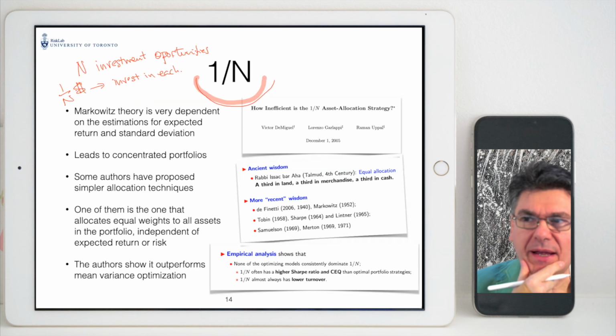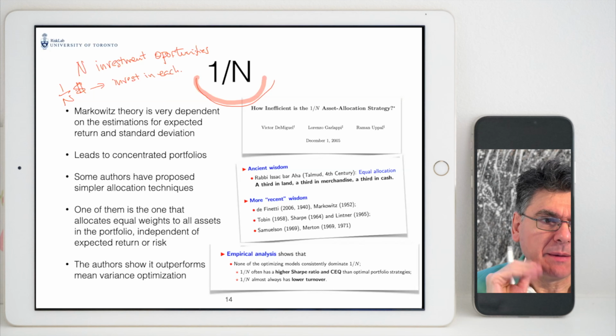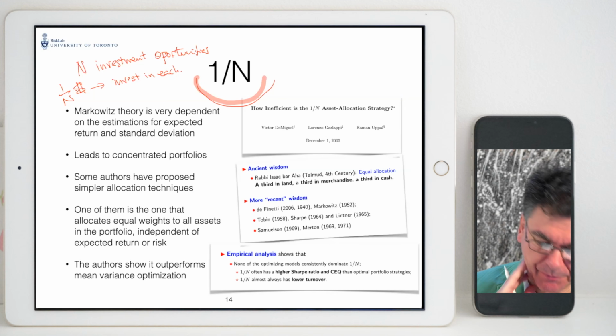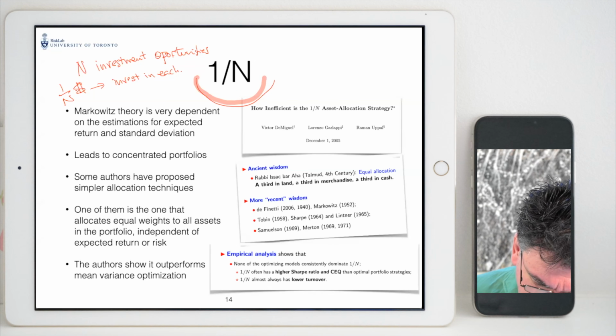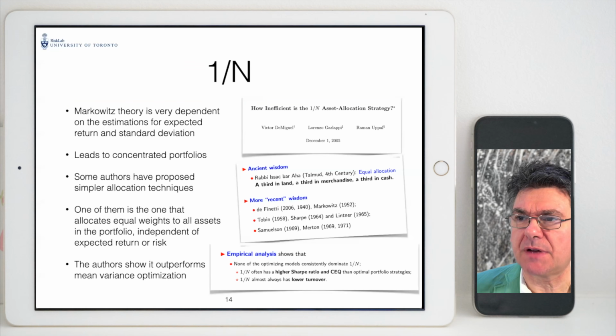But let me explain. This is not something as simplistic as it looks. It is simple, but it's not simplistic. And this is what's happening here. This is why this is interesting, and many investors do this. Many big investment houses do this.